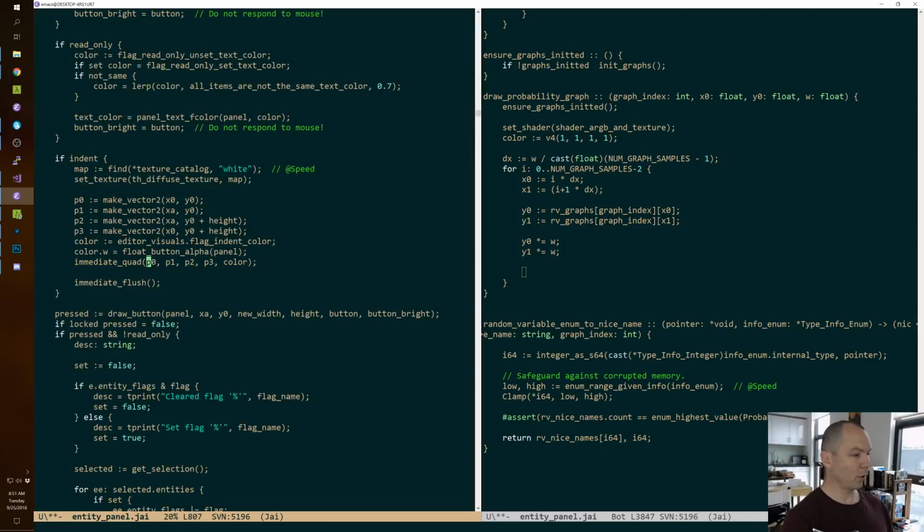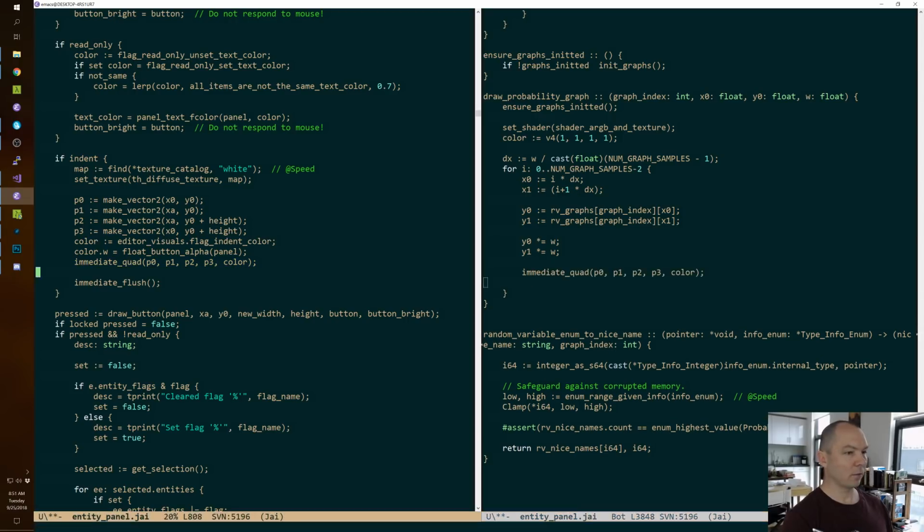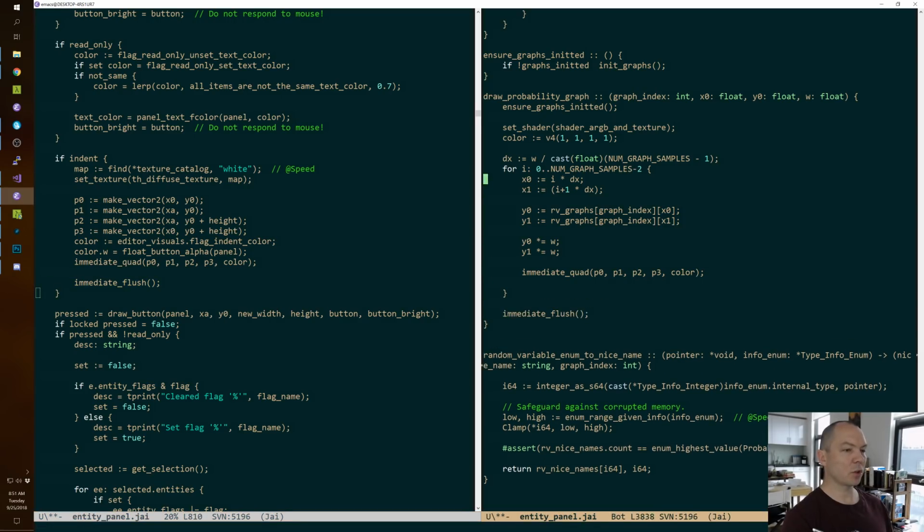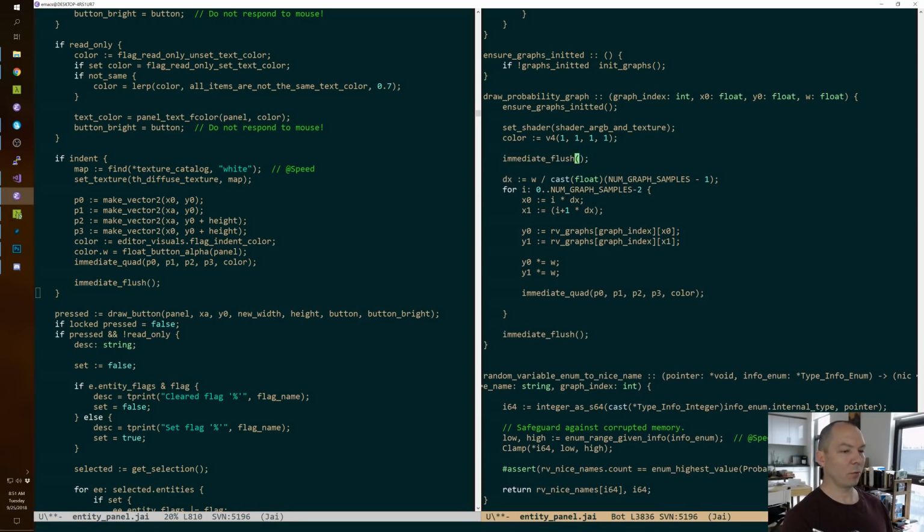Right, so we're going to call this version of immediate quad. So immediate quad, well, let's just paste that, right? And we'll do an immediate begin and flush. Even though it's really redundant, it's probably good style to do that.